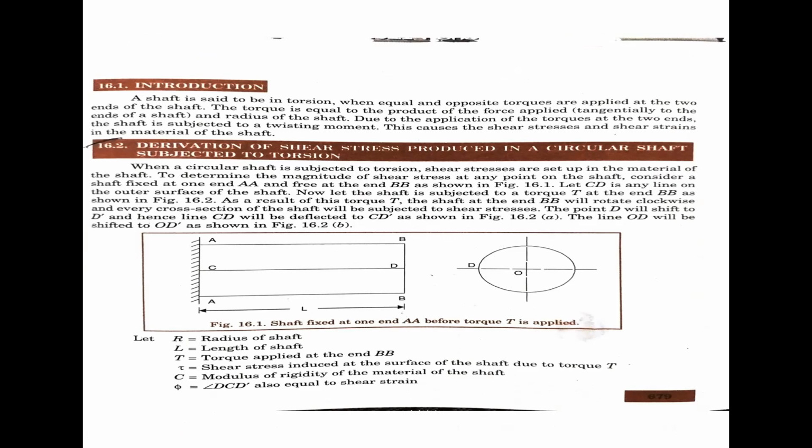The point capital D will shift to D dash, and hence line capital CD will be deflected to CD dash, as shown in figure 16.2a. The line OD will be shifted to OD dash, as shown in figure 16.2b.